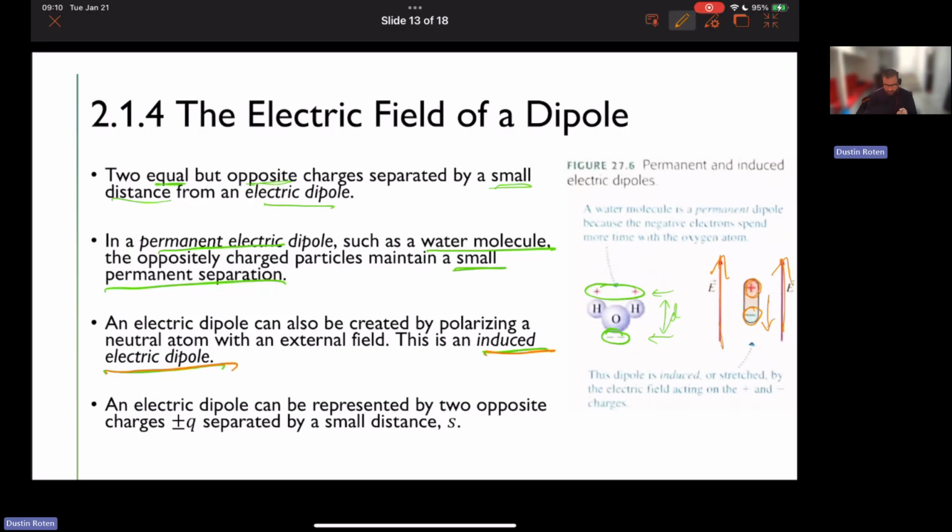The positive part won't be repelled and will follow along in the direction of the electric field. That's actually going to separate charges a little bit, and that's an induced electric dipole. Here's the most succinct definition: an electric dipole is represented by two opposite charges separated by a small distance.